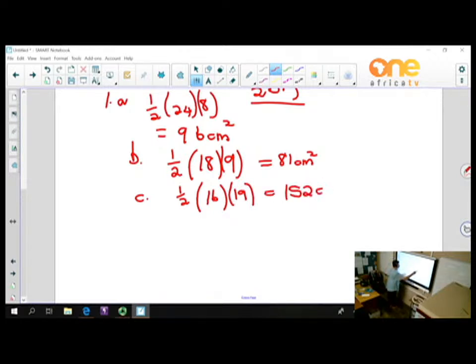Here I got 152 square centimeters, and then number D. So there you just work in that one triangle, so it's a half of 22 times 26, half base height. We just need to calculate the shaded area there, and it is then 286 square centimeters. Or in a case like this, you can get the area of the rectangle and divide it by 2.